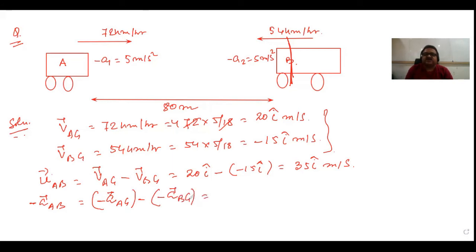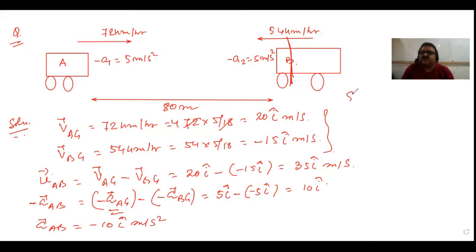Now calculate this: 5 i cap minus the opposite direction, minus 5 i cap, that is 10 i cap. So acceleration of A with respect to B is minus 10 i cap meter per second square.